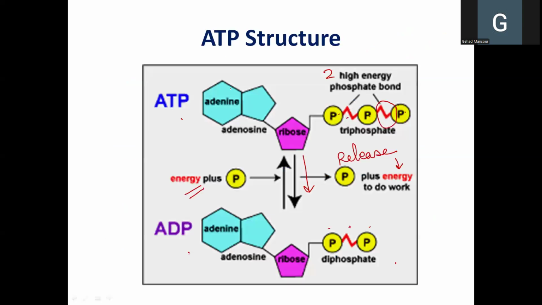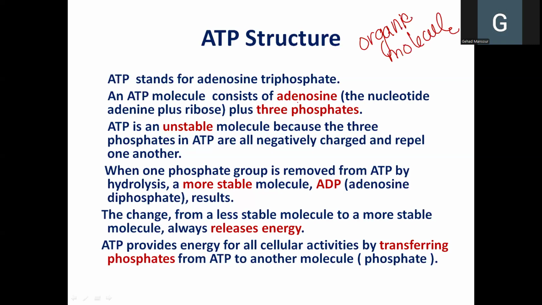They are present in adenine and in ribose. This is just a diagram, but if you see the biochemical structure, you will see that there are carbon atoms that are bonded by covalent bonds to hydrogen atoms. So it is an organic molecule, and therefore the phosphates that are present in the ATP molecule are organic phosphates.